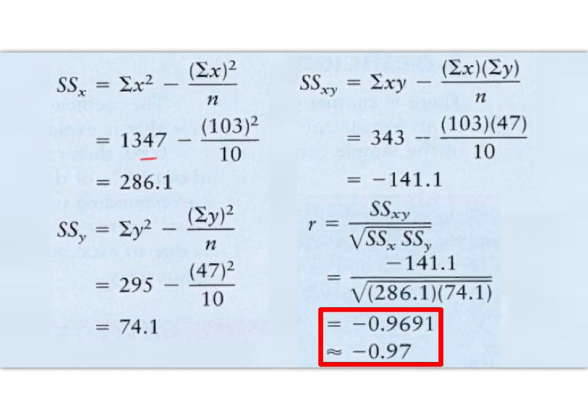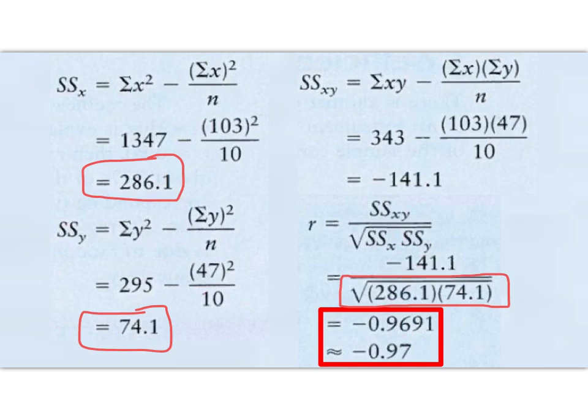SSX was 286.1, and then we needed SSY for the denominator. That was 74.1. That's what we're using for the denominator in the R formula, the square root of 286.1 times 74.1.